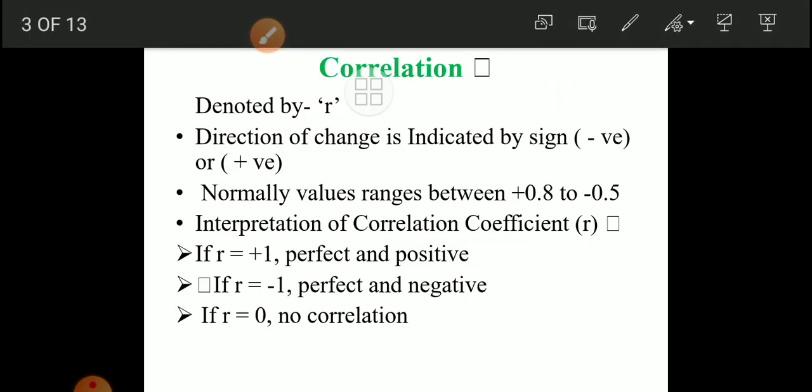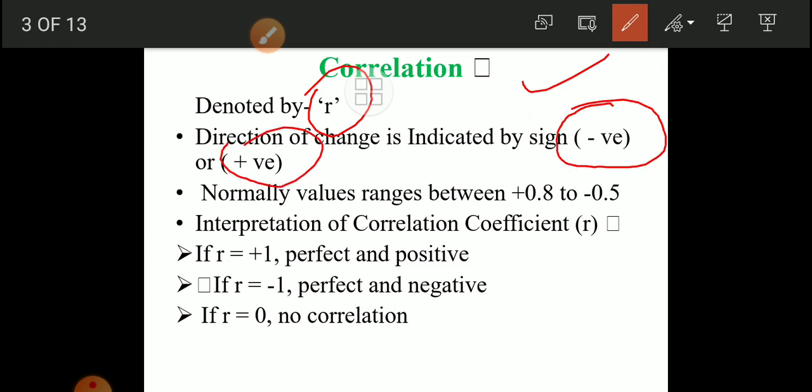So, my friends, you have to remember this point. Now, the first method is the Karl Pearson method of correlation. We know that the degree of correlation is denoted by small r. The direction of change is indicated by the sign, negative or positive. Normally the value ranges between plus 1 and minus 1. Interpretation of the correlation coefficient: if the degree of correlation r is equal to plus 1, then we say there is perfect positive correlation.